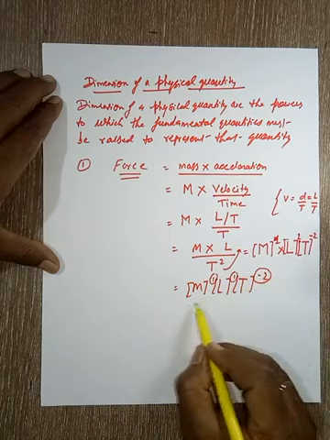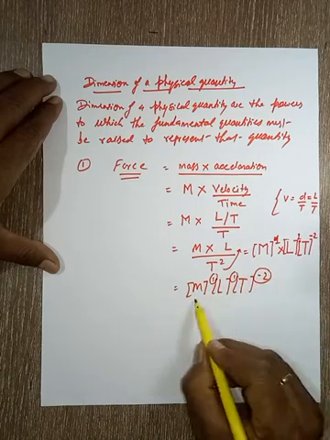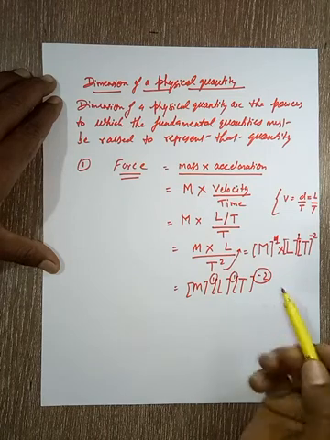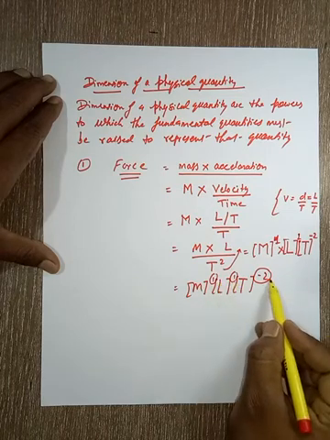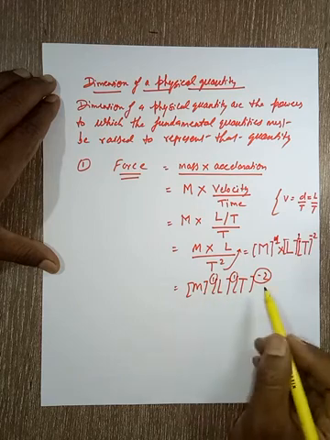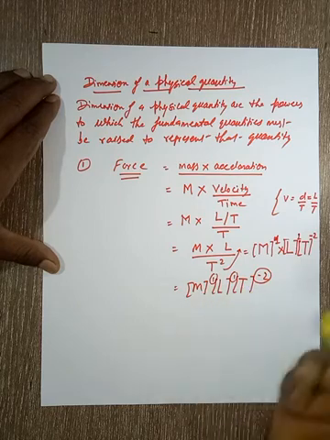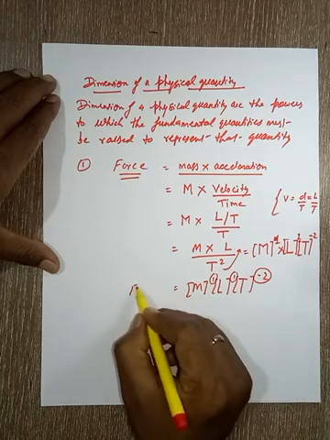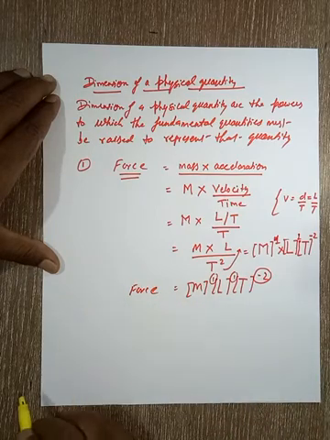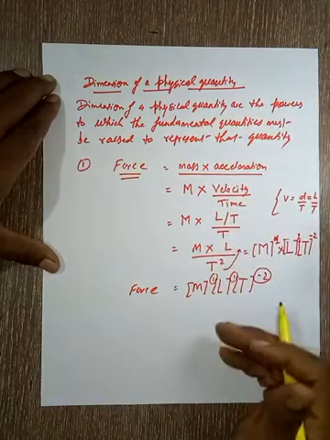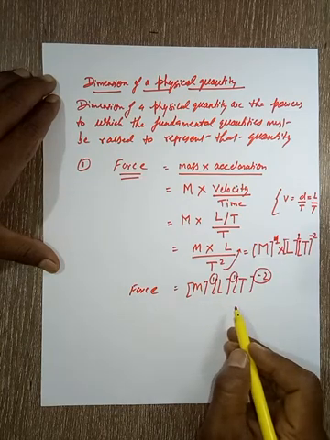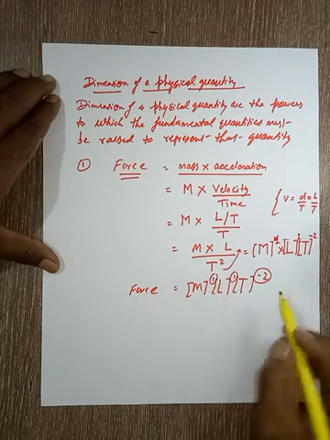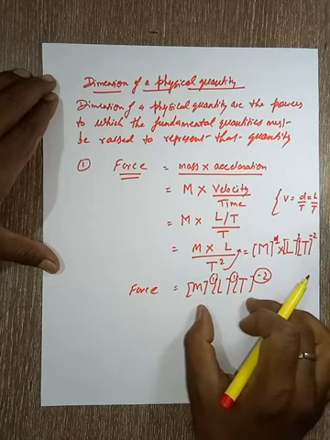So the dimensions, this mass, length and time, are the dimensions, the powers of which represent the quantity. And what is that quantity? Force. So this is what the statement comes up with. Very easy to go at this point.